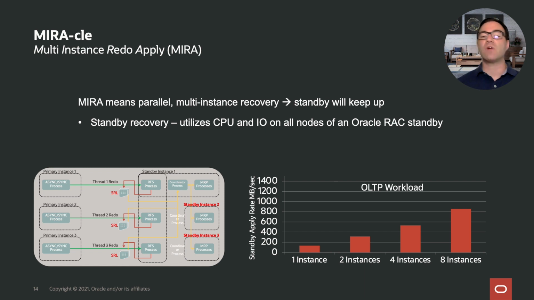Which means if you have a high redo information generated on the primary, because it's a real application clusters database, the standby now can actually receive and apply the data very efficiently. Simply speaking, it can keep up. And as you can see here in our not representative, but yet very thought through OLTP workload example, MIRA really scales. So the more instances you have as part of your RAC standby, the more redo you can apply in the same period of time.